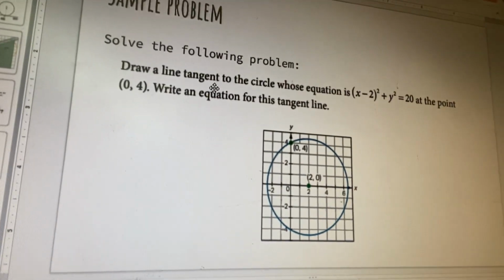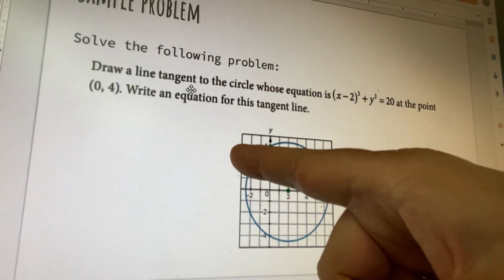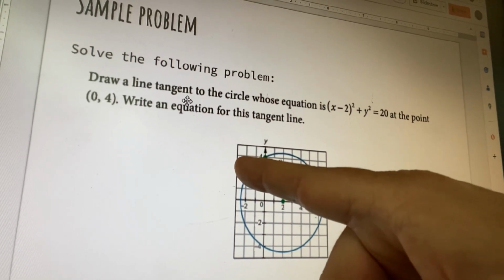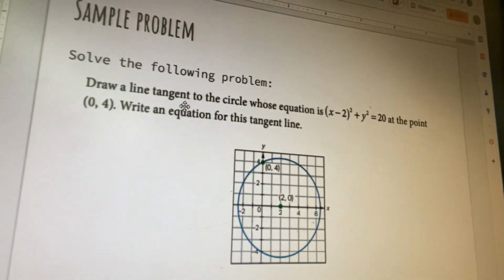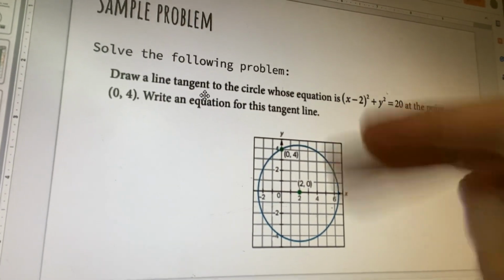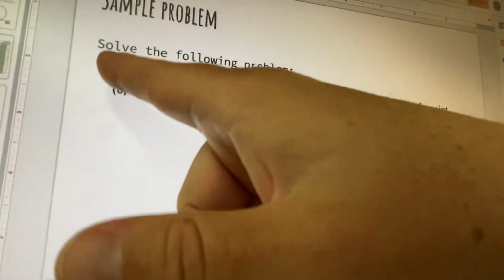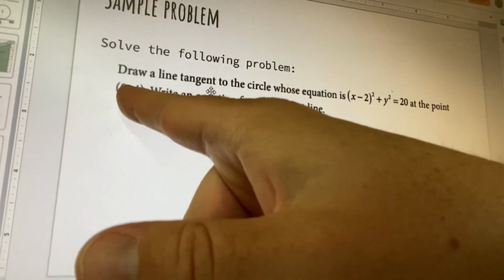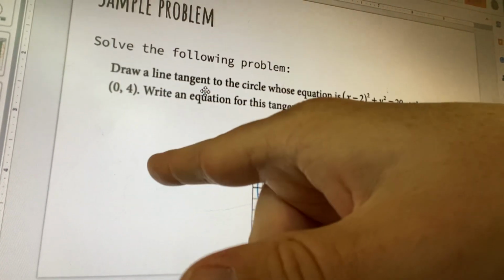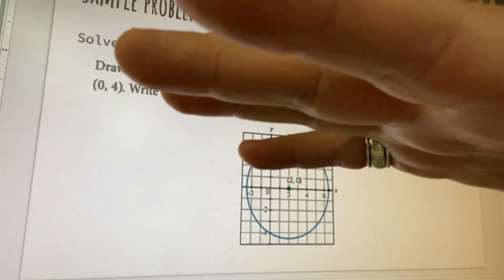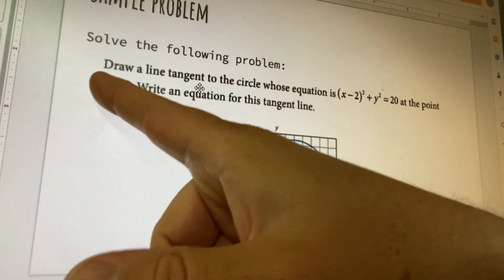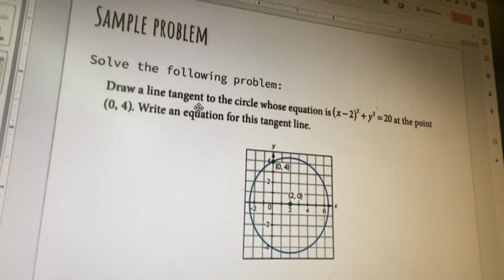If that's a slope of negative 2, my tangent line is going to have a slope of positive 1/2. So this is going to be y minus 4 is equal to a positive 1/2 times x, and in this case I wouldn't necessarily have to put plus or minus 0.